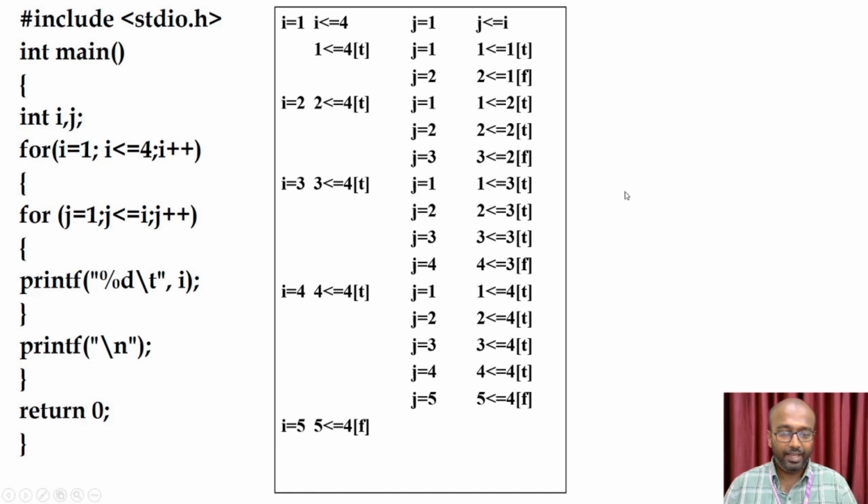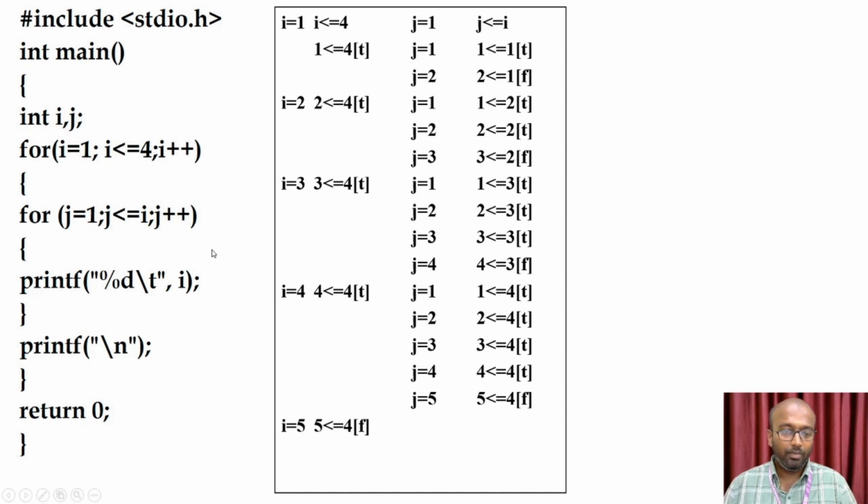The value 3 is printed 3 times until the j value becomes 4. After the j value becomes 4, the condition checked is 4 less than or equal to 3. Since the condition is false, again the value of i is incremented, i becomes 4, and the loop executes in such a way that it prints 4 four times in a new line.